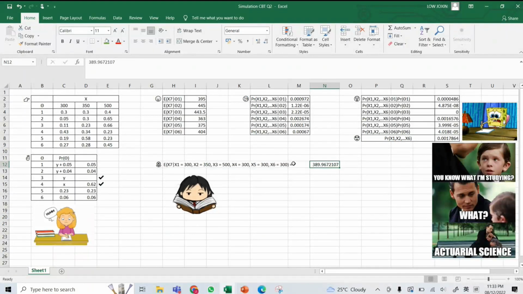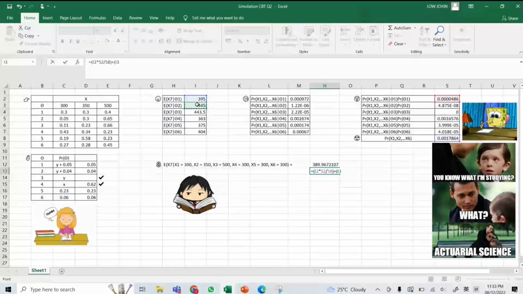To find this expected value, we multiply the expected value of x7 given theta 1 with the probability of this over the total probability, plus the second theta multiplied with the second theta over the total, and so on.